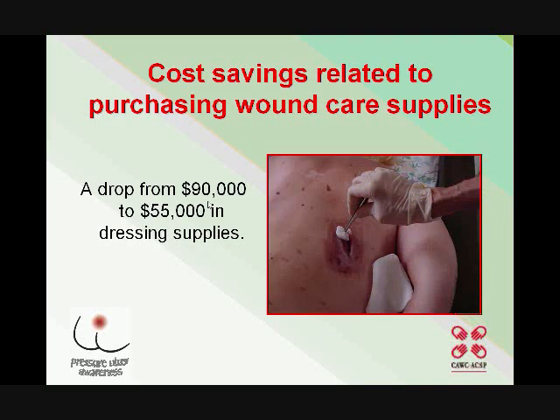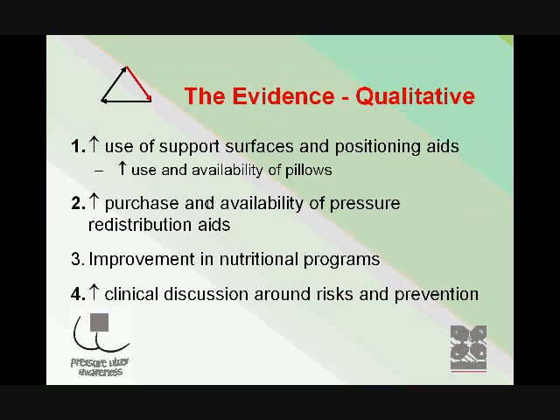Also, cost savings can be recognized in the area of wound care supplies. One facility said that purchasing contacted them and said, "What's happening? Our cost for dressing supplies has gone from $90,000 to $55,000." Big savings here. Increased use of support surfaces and positioning aids.